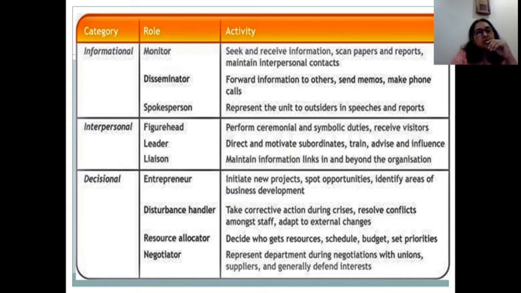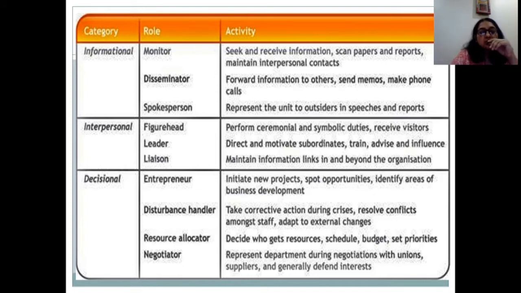Now, under the decisional role, the manager has to take decisions at certain points of time. Then, as an entrepreneur, the manager should constantly look for opportunities in the environment and seize those opportunities. He should be able to initiate new projects and identify areas of business development. As a disturbance handler, the manager should be able to take corrective actions in times of crisis or help in resolving conflicts amongst the staff.